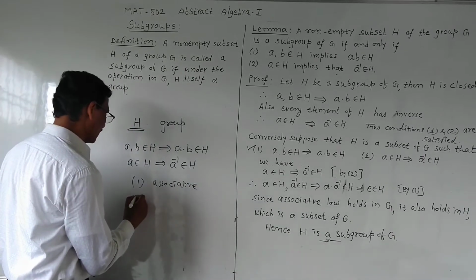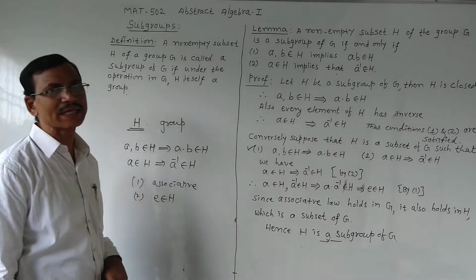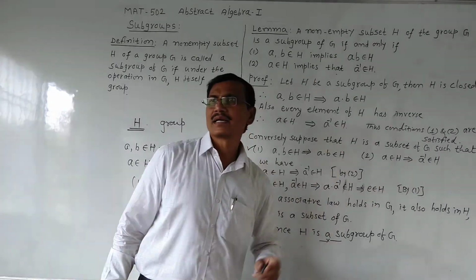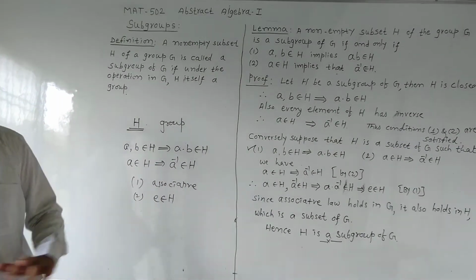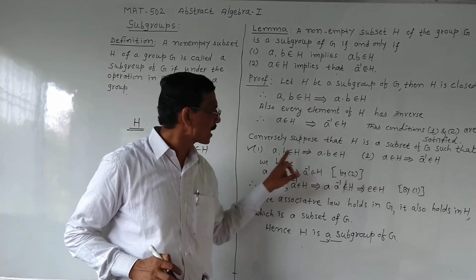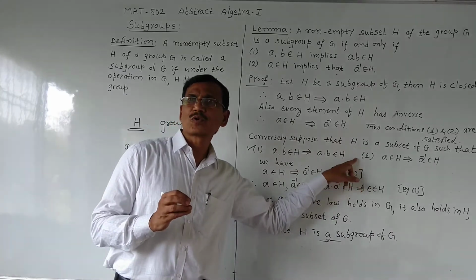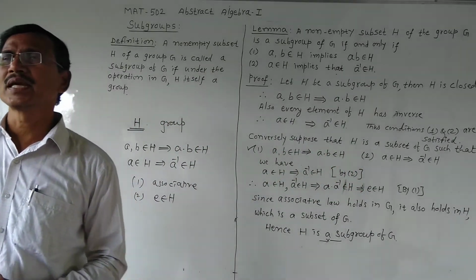Means we have to prove that e belongs to H. And fourth is every element has an inverse. By second condition we get every element of H has an inverse. Means first and fourth conditions of the definition of group are given to you. Means we have to prove that identity element exists in H.